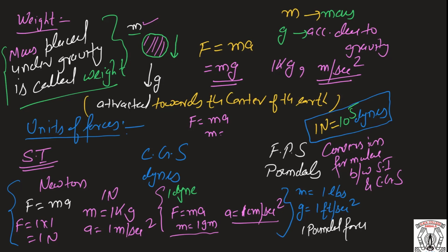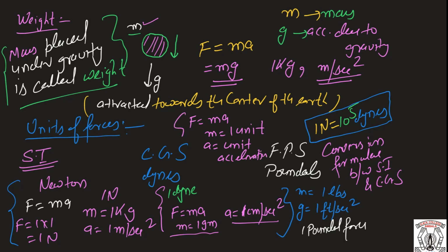So mass is 1 unit. Now I am not writing the units of mass, either kilogram, gram or something like that. I am only writing unit mass, and acceleration is also unit acceleration.